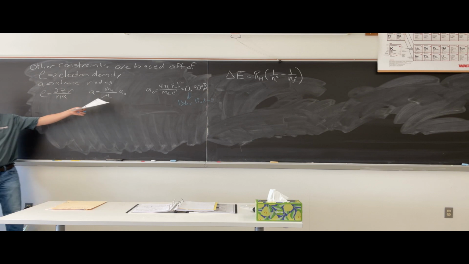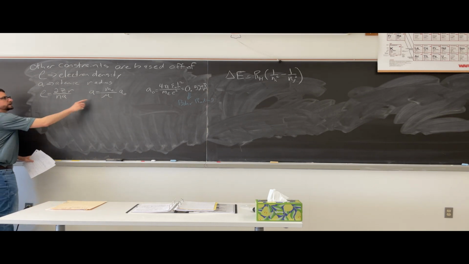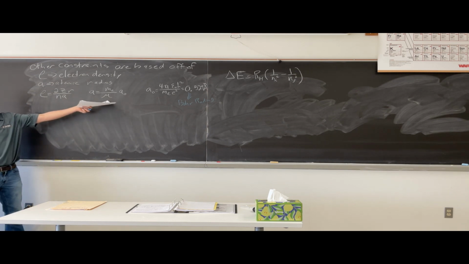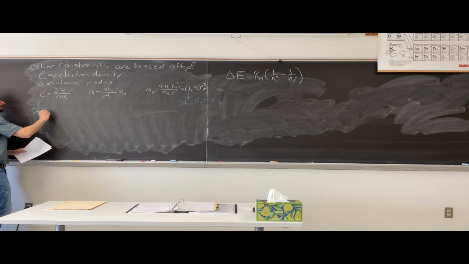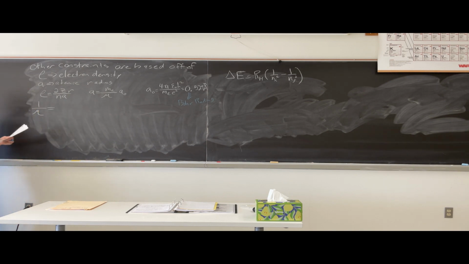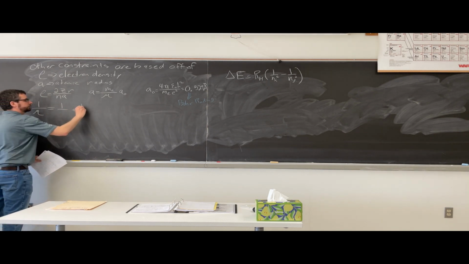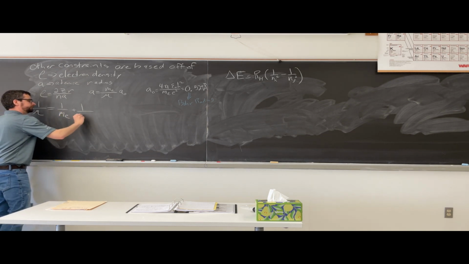There's ways to make this a little bit simpler. If we look in that denominator, what do we have? It's a reduced mass, right? So we got 1 over mu, which is made up of what two masses?